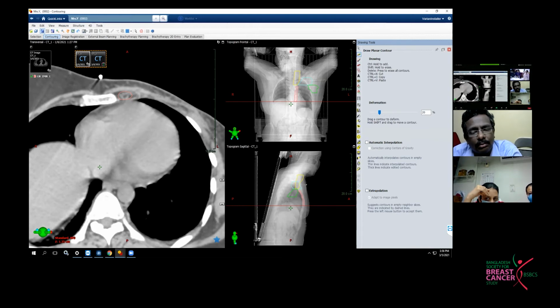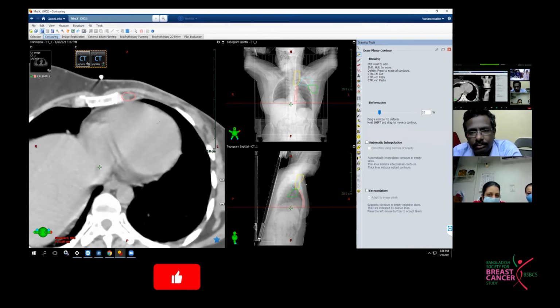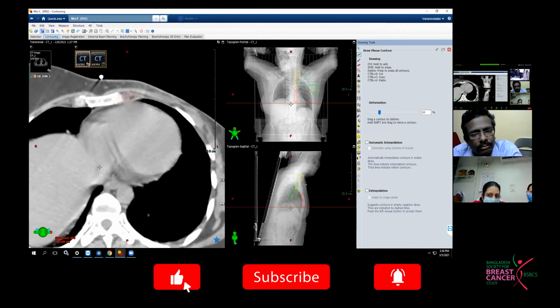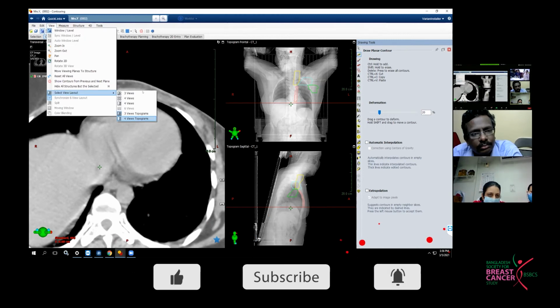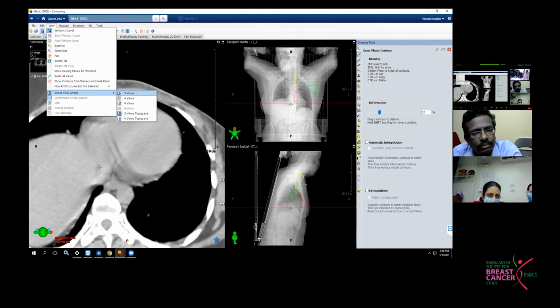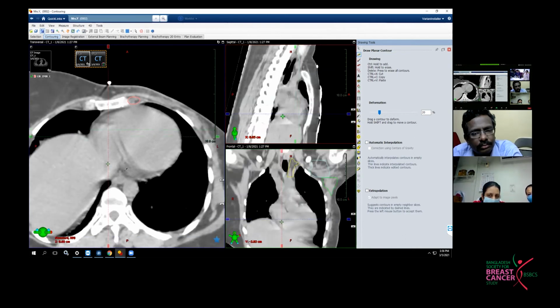So here again, if you could go to the coronal and the sagittal sections, it will be helpful for you to understand where the intercostal space is and where it is stopping. Where to stop at the distal line.